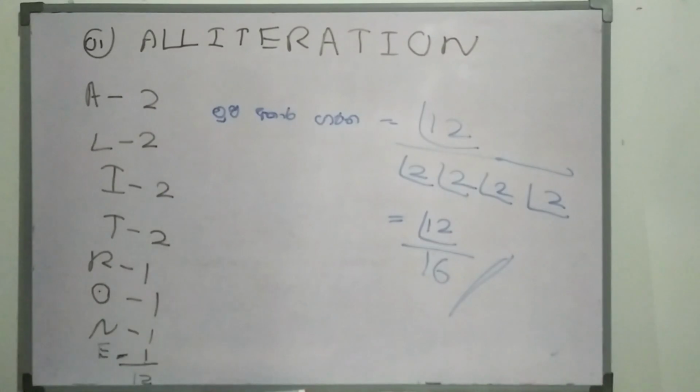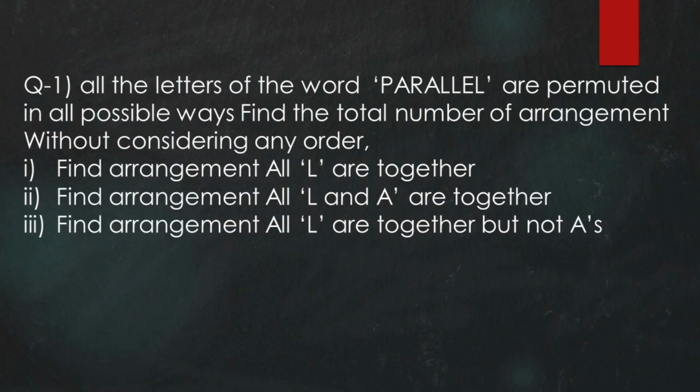Right, so the next question: all the letters of the word parallel are permuted in all possible ways. Find the total number of arrangements without considering any order, and find the arrangement where all L's are together. Okay, the word parallel, right?